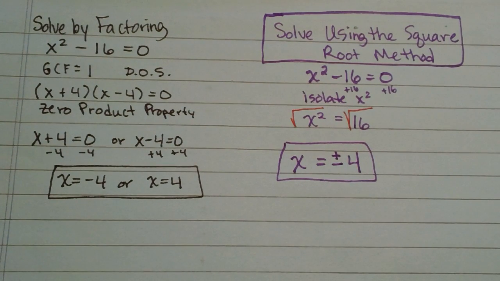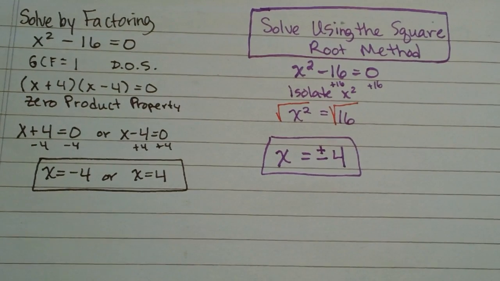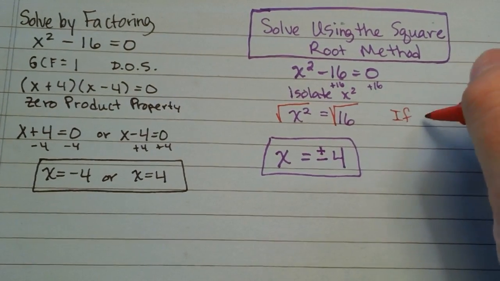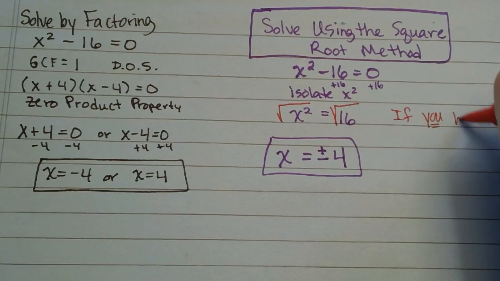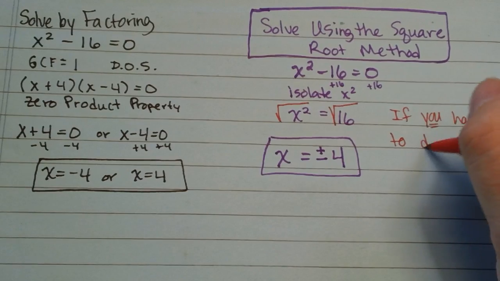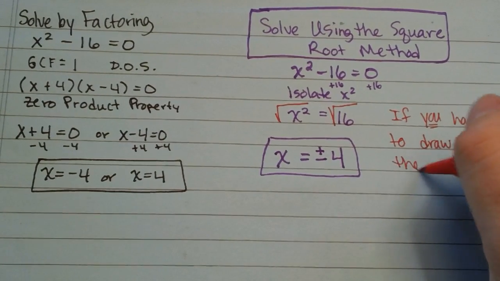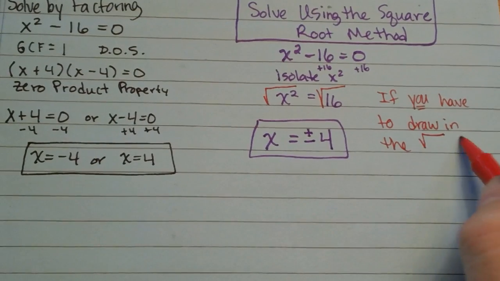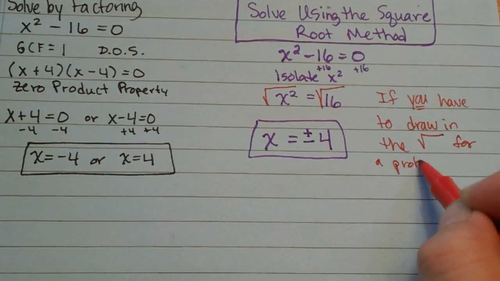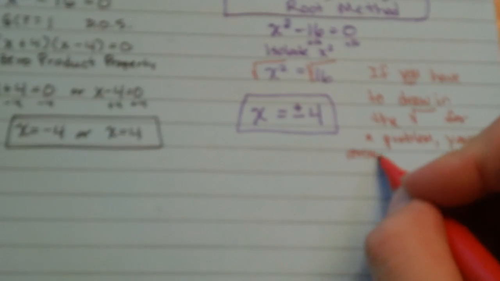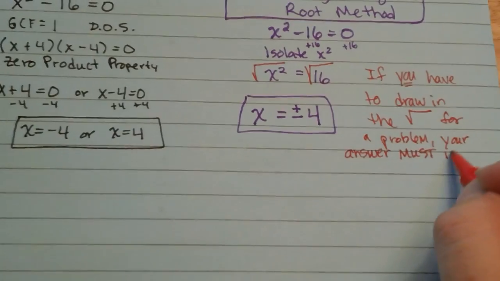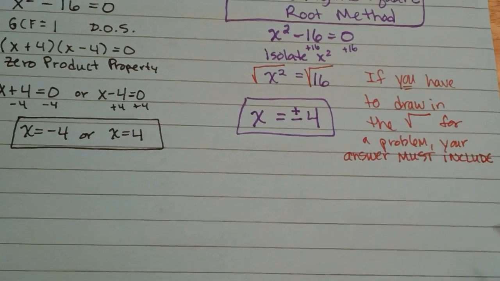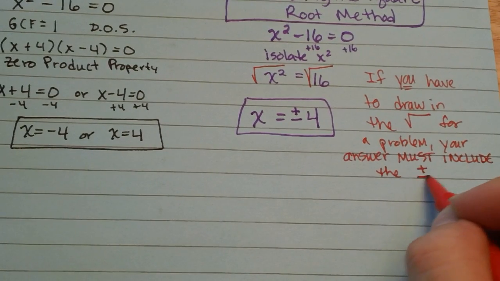Now you may not have known before when you should answer plus and minus 4 and when you should just say it equals 4 when you're taking square roots. Well, here's the key to that. If you have to draw in the radical symbol for a problem, your answer must include the plus minus symbol.